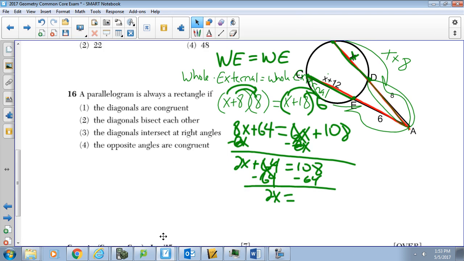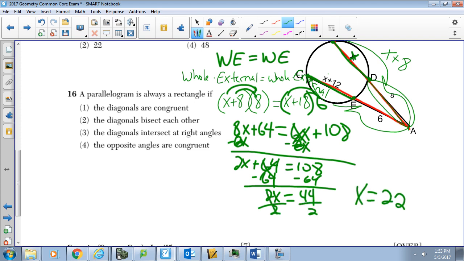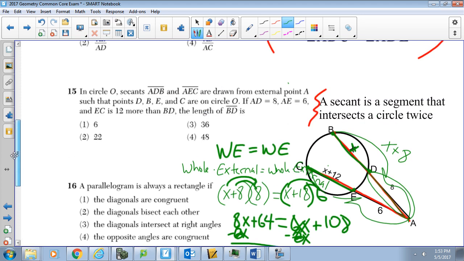So 2x is equal to 44. Then divide by 2 and divide by 2, and x is equal to 22. That's an answer here. There we go.